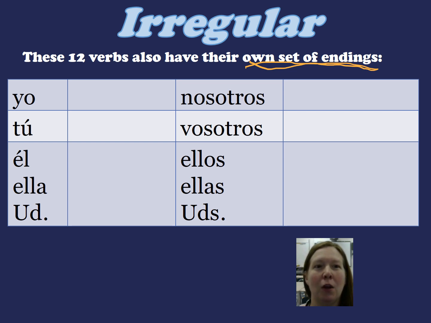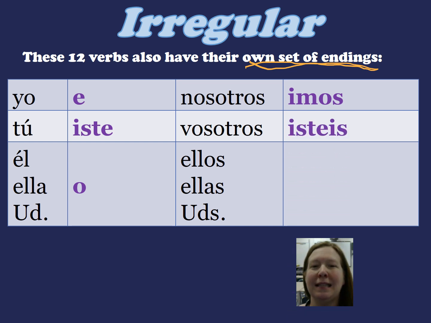For yo, it's e. Tú, iste. Él, ella, usted, o. Nosotros, imos. Vosotros, isteis. Ellos, ellas, ustedes, ieron. Now, ellos, ellas, ustedes has a special case because we do have some stems that end in j, and it's very unusual to see j-i-e in Spanish.